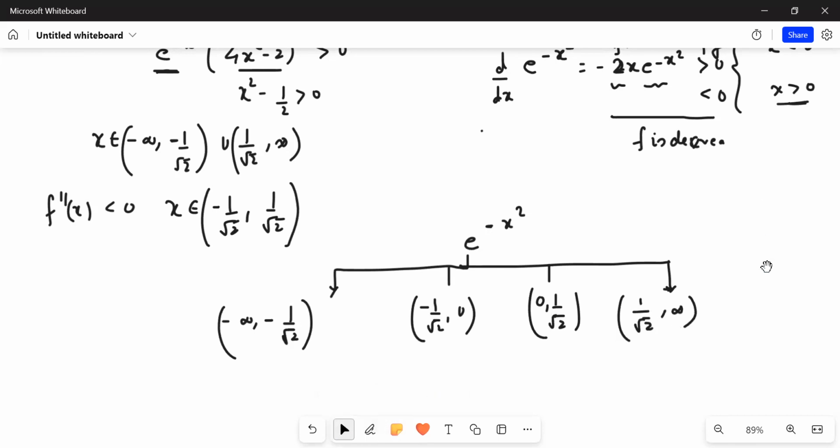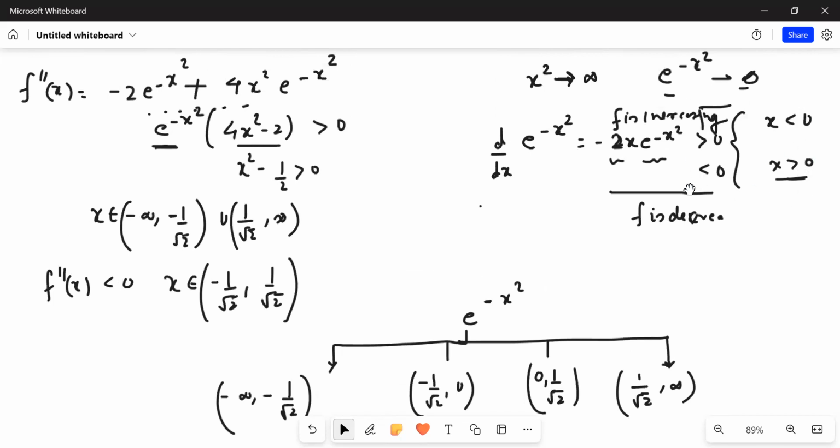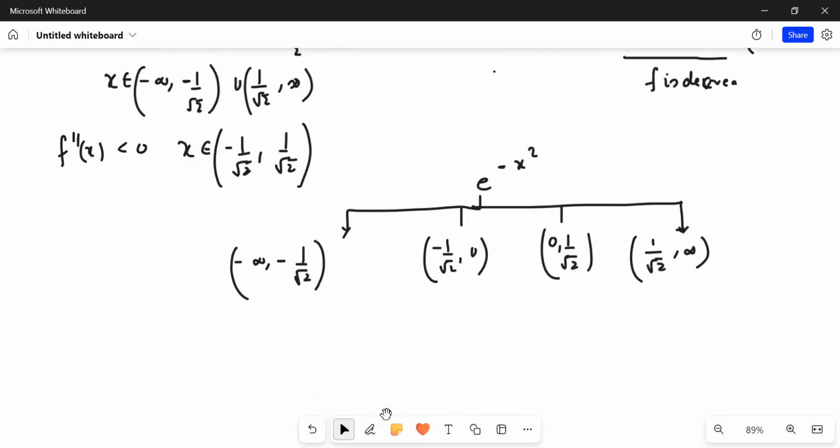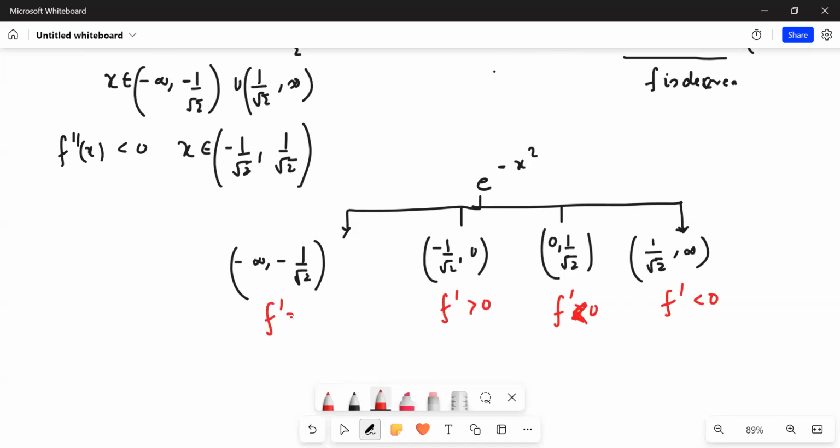What I have already got: for all x greater than 0, my f dash x is negative. Sorry, f dash x is less than 0 here, here also f dash x is less than 0, and here you have f dash x greater than 0, and here also f dash x greater than 0.